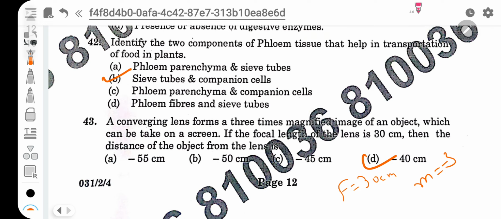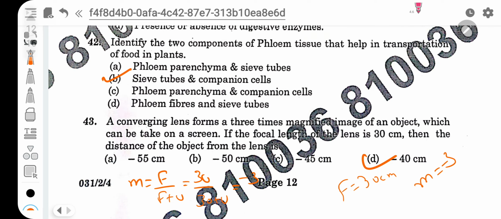So there is a formula for finding this: m equals f upon f plus u. So f is 30, and 30 upon 30 plus u equals minus 3. So 30 equals minus 90 minus 3u.